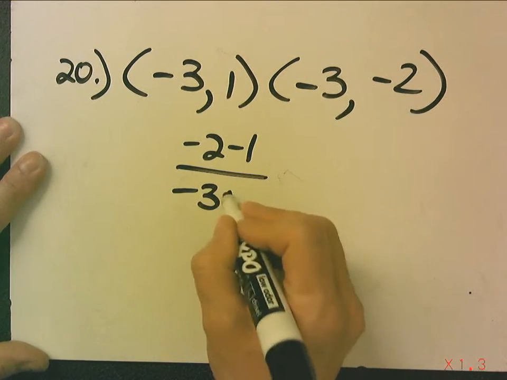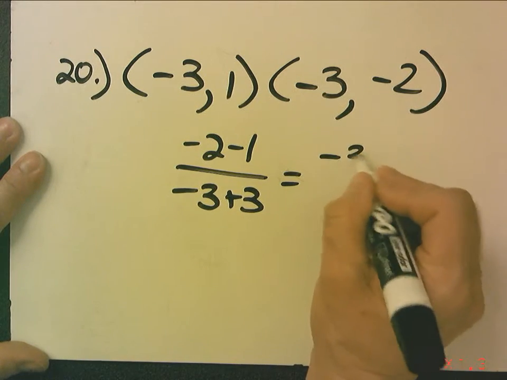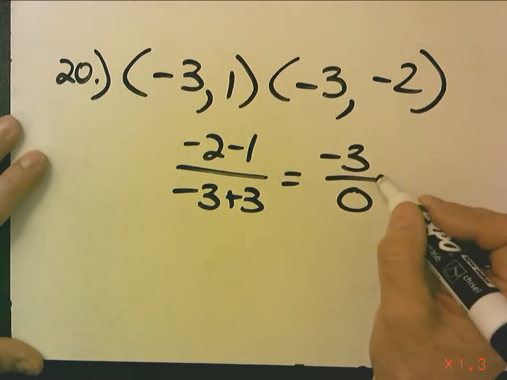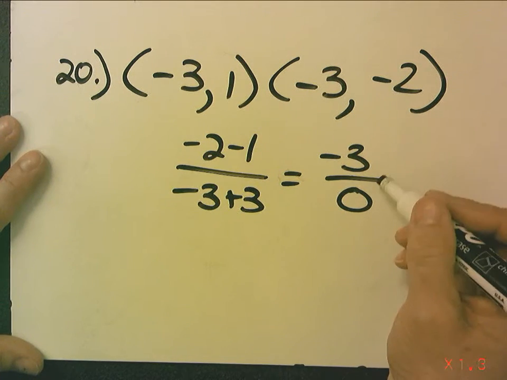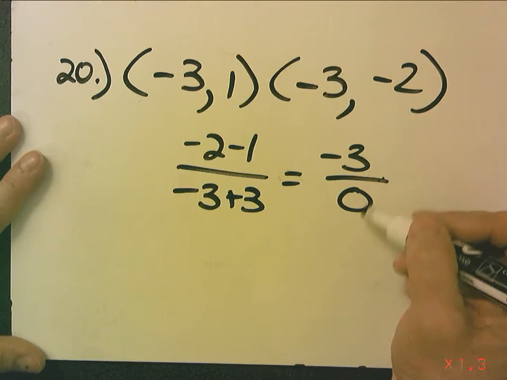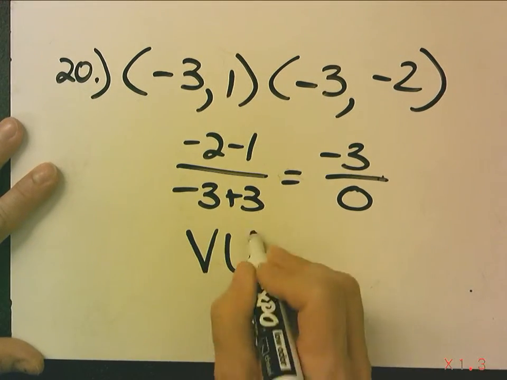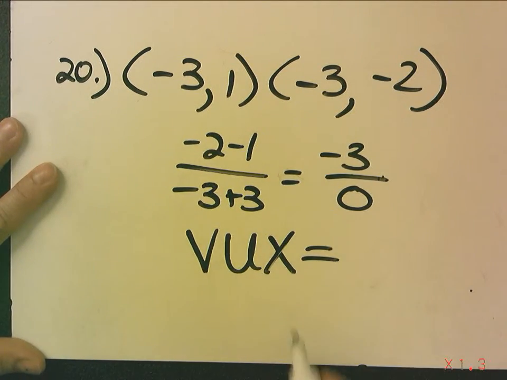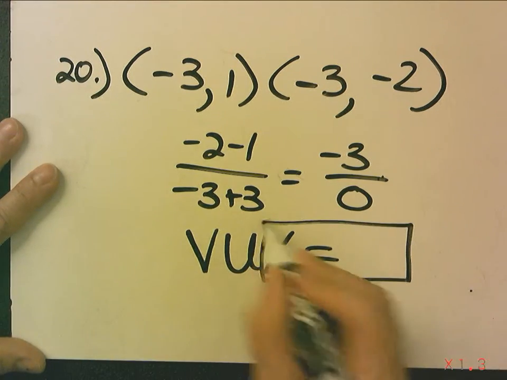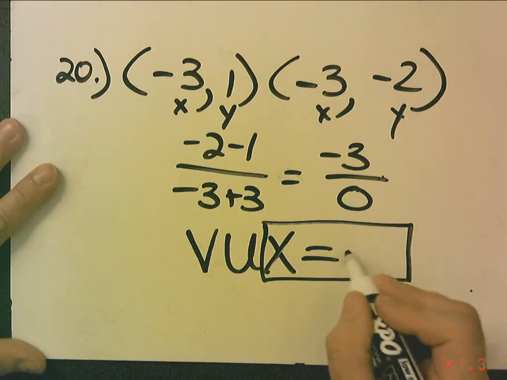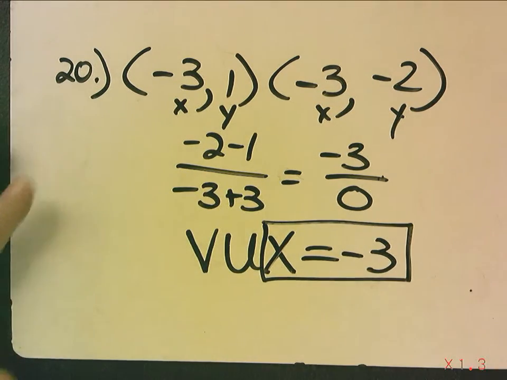Negative 3 plus 3, I notice my slope is undefined. 0's underneath, the slope is undefined. So, whenever the slope is undefined, I know it's a VUX. So I look up to see what my x value is, and x equals negative 3.